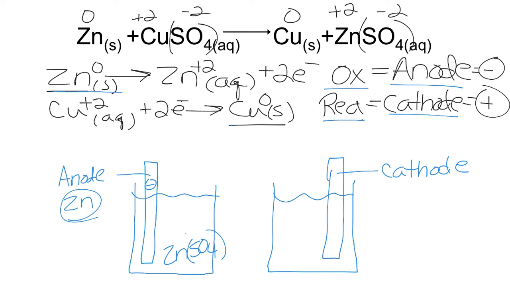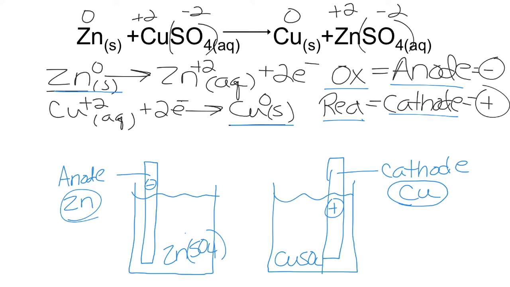So we need the solid associated with the reduction. So the cathode would be a piece of copper. And the cathode would have a positive charge because the cathode is positively charged. And then in this beaker, we would pour in the copper sulfate. So the copper solution goes with the copper metal, the zinc solution goes with the zinc metal.